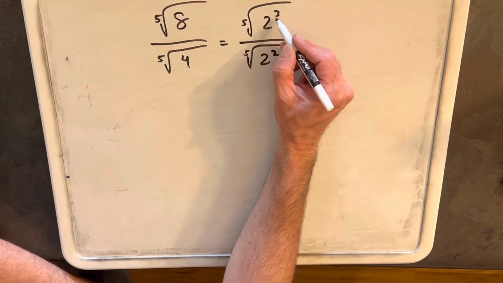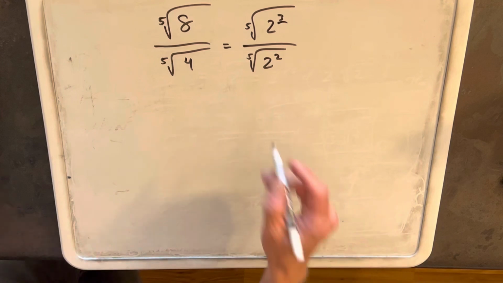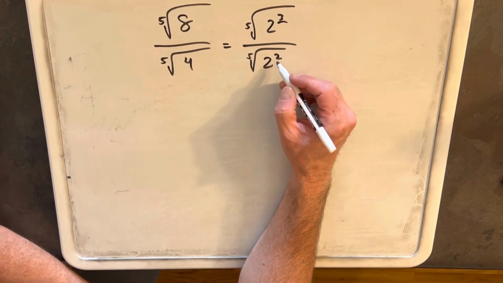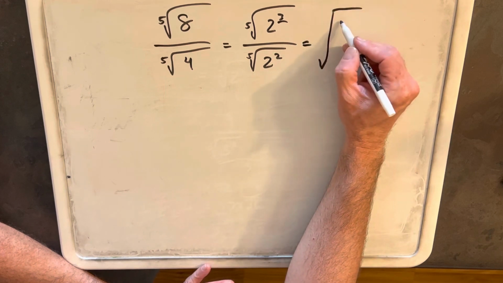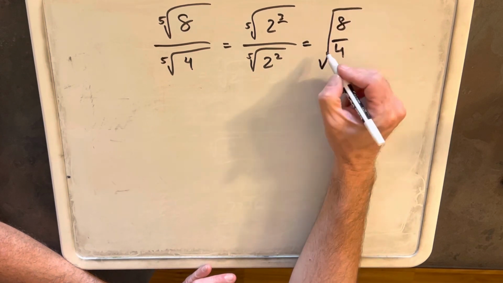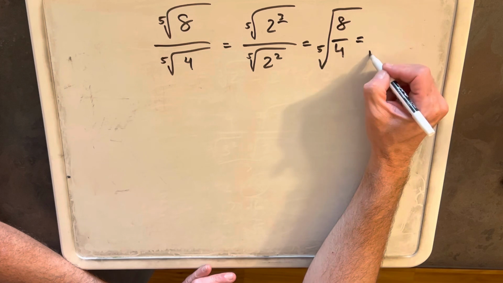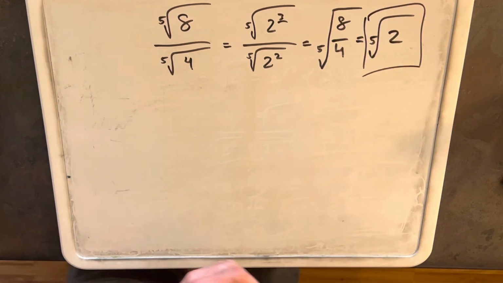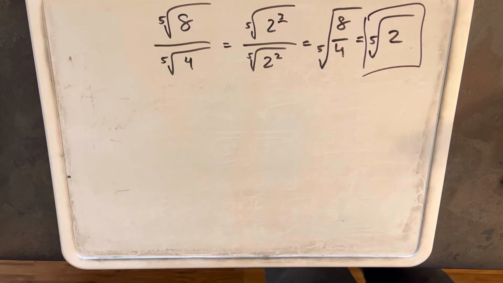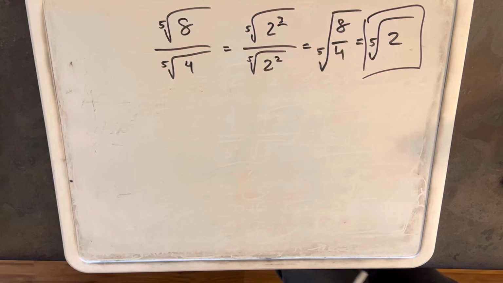Again, we can't reduce either of these, but we can put it all under one radical and divide, and we end up with the 5th root of 2. It's kind of nice. Let's see if I got it. Yes, that's 26.